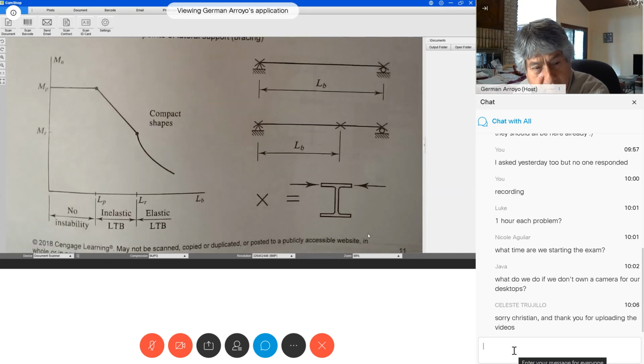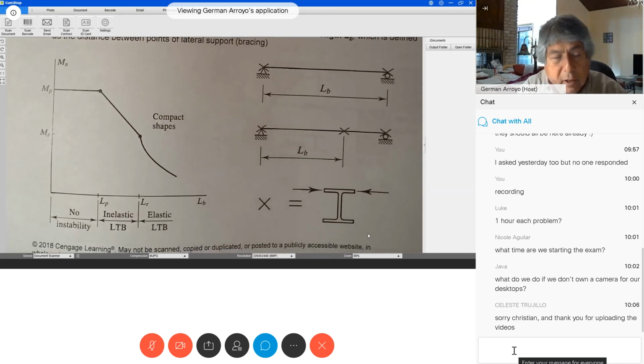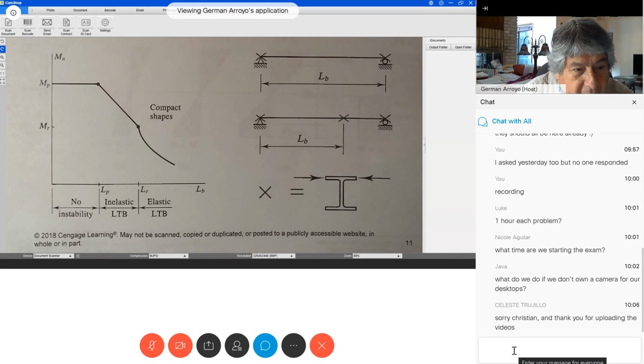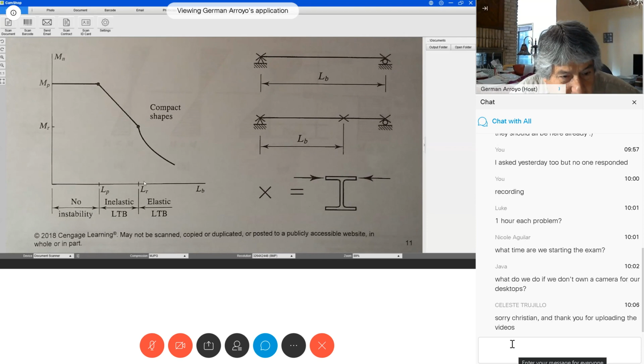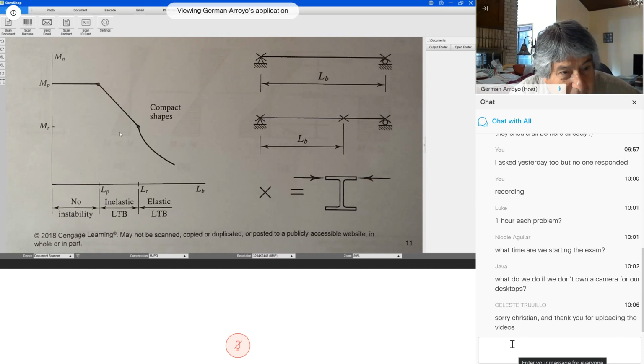I'm going to show you in the code where you can find this sketch. This is the plastic moment. So there's a certain unbraced length, a certain L sub B, from this point to this point, where we're going to be able to develop the plastic moment. There is a limit in here called L sub P, and there is a limit called L sub R. Between L sub P and L sub R, we have a linear equation.